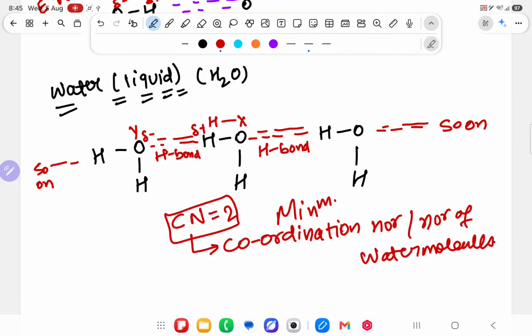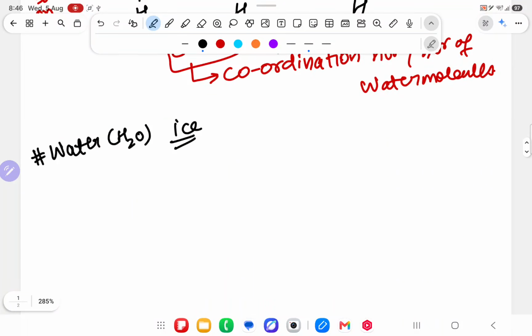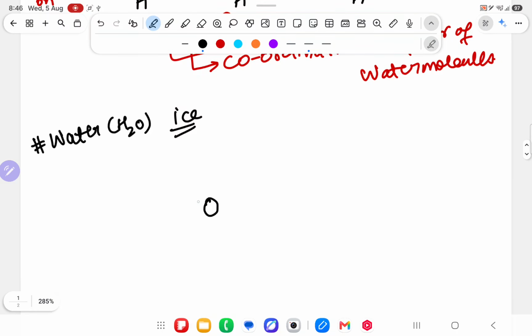So first we have seen hydrogen bonding in water. Similarly, we will understand example by example. Second, we take the same water H2O, but this time as ice. Previously I took water as a liquid; now I will take water as ice. Ice will be something like this.